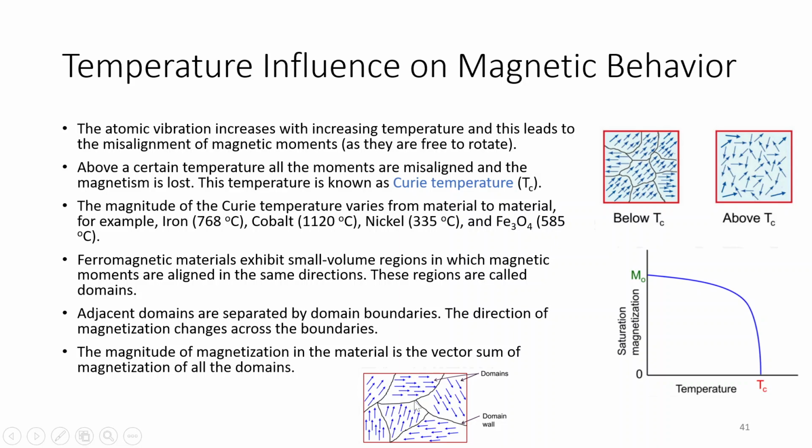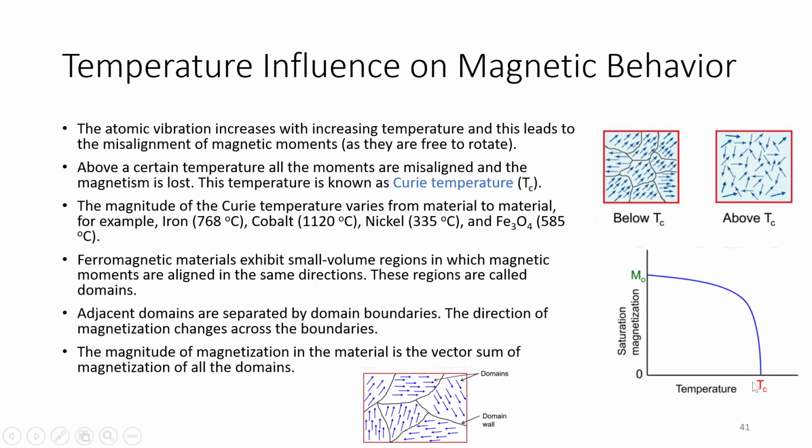As seen here, these are the domain walls or domain boundaries, and these are the areas which are domains, and the direction of magnetization changes across the boundaries. The magnitude of magnetization in the material is the vector sum of the magnetization of all the domains.